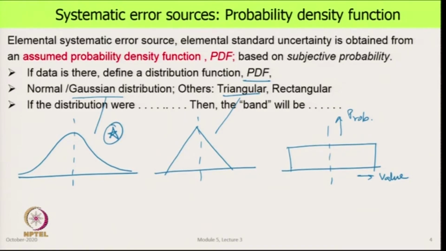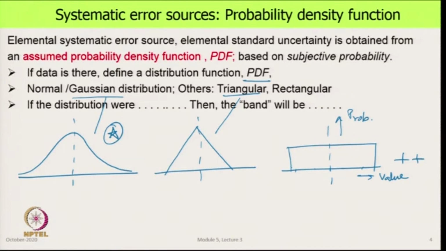But reality may be different, in that different errors may have different distribution functions. There could be some which could be like this. That means that irrespective of the value, the probability of that value coming up is the same. Here it could be triangular, and we could add more such distribution functions.